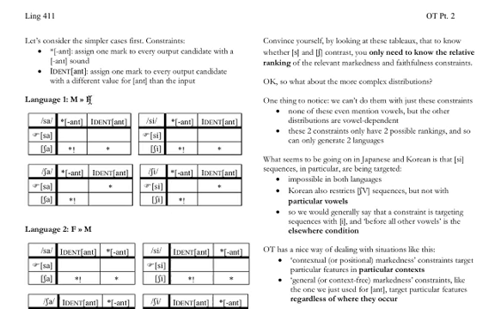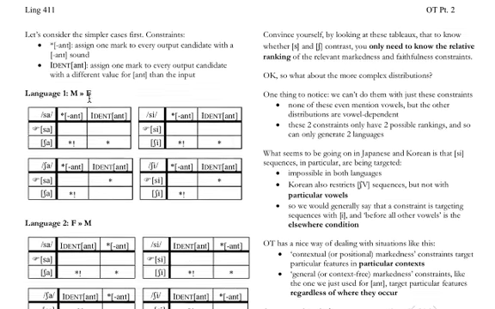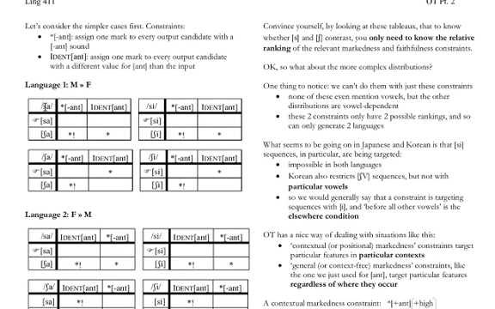So what does this mean? Well, if you have a plus anterior segment in the input, then it will surface as plus anterior. Why is that? Because that's the unmarked value for that feature according to this constraint star minus anterior, and it's the faithful realization because you started out plus anterior, right? So s will always map to s.